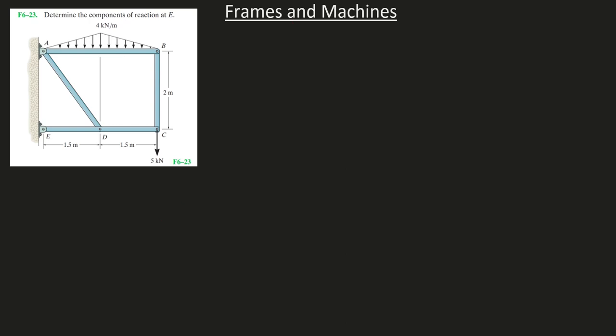Okay, so just some basic intro level stuff, but now let's start getting into why frames and machines are tough. And this is a bit of a long argument, so bear with me on this. So let's zoom in to this joint D and see what's happening here.